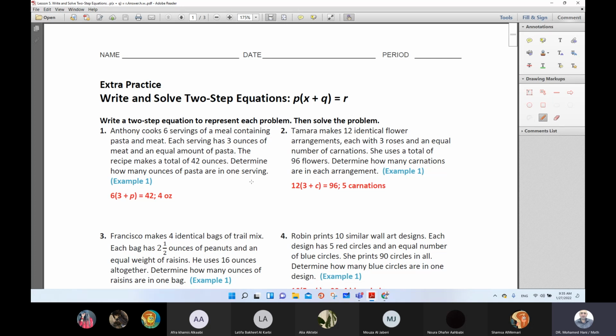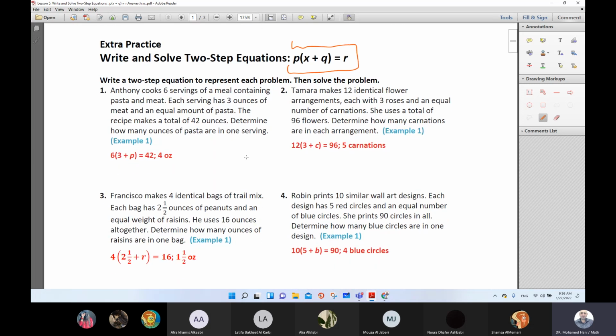Write and solve two-step equations. We have this form p multiplied by parentheses x plus q equals r. The first question: write a two-step equation to represent each problem, then solve the problem.